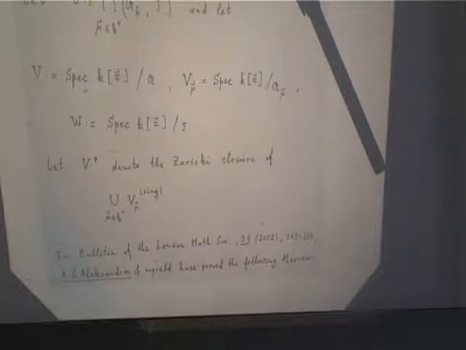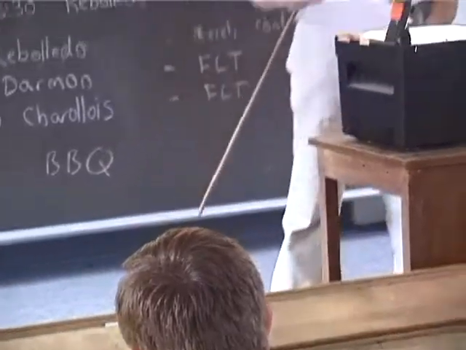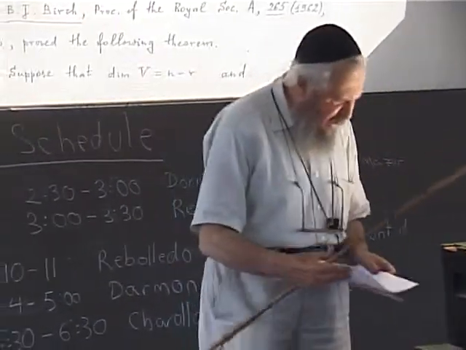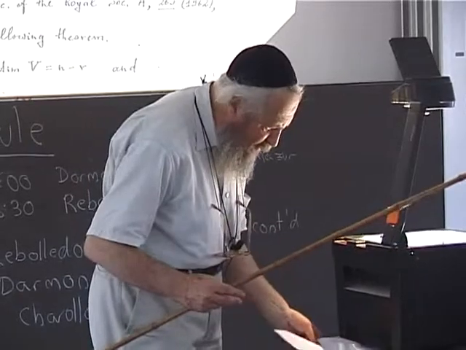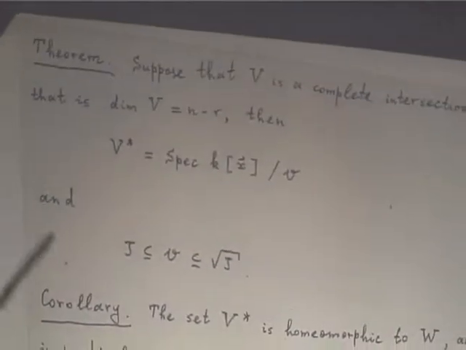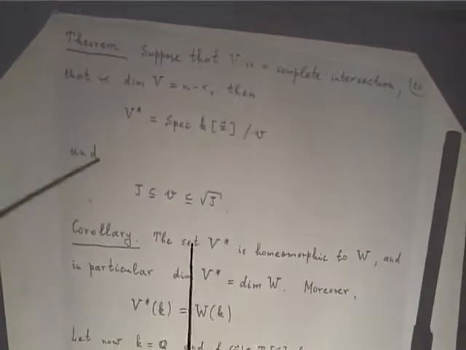Assuming that V is a complete intersection, that its dimension is equal to the number of variables minus the number of equations, one can prove that then V star is determined by this ideal D, and this ideal D lies between the ideal J and its radical.